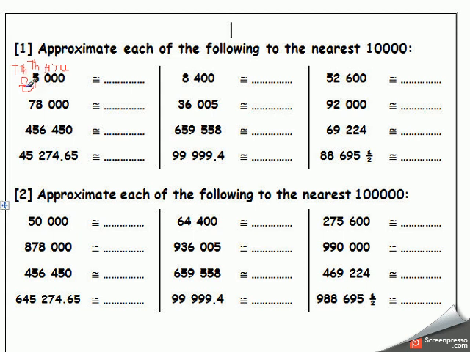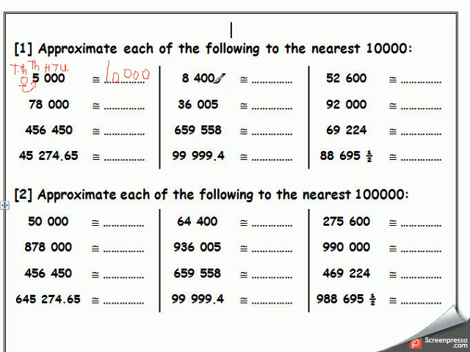I will replace all digits before the 10,000 with zeros: units, tens, hundreds, thousands, and the 10,000 will increase by 1. 0 plus 1 equals 1.